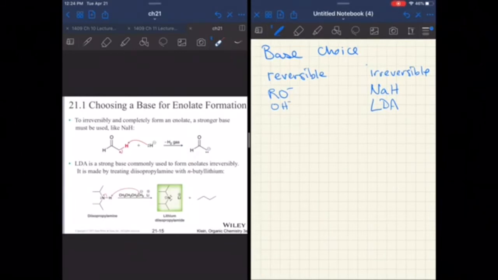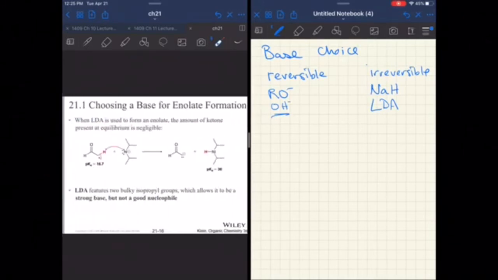LDA is another really strong base. You don't have to know this reaction. This is what LDA looks like. It's lithium diisopropyl amide. And so that nitrogen with the negative charge winds up being much stronger than any of your oxygen bases. And so this is just a very, very strong base.